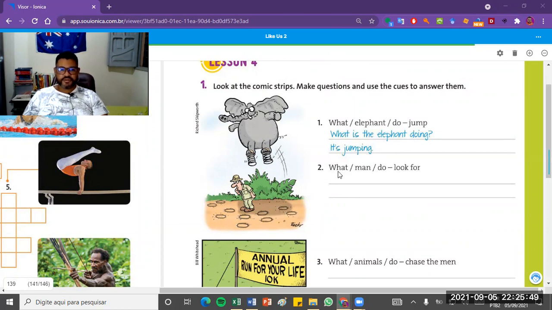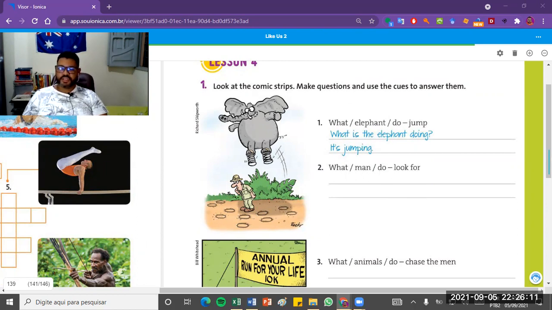Okay, based on this, you make a question. You are going to ask and answer as well. For example, the question will be, what's the man doing? So it's a question in the present continuous tense. What's the man doing?